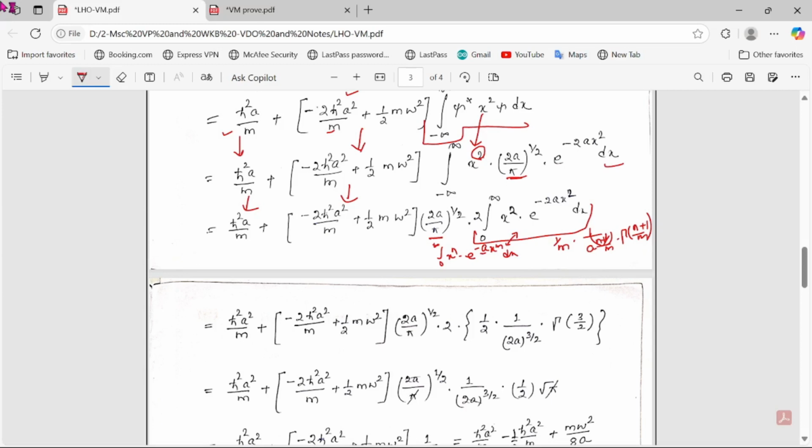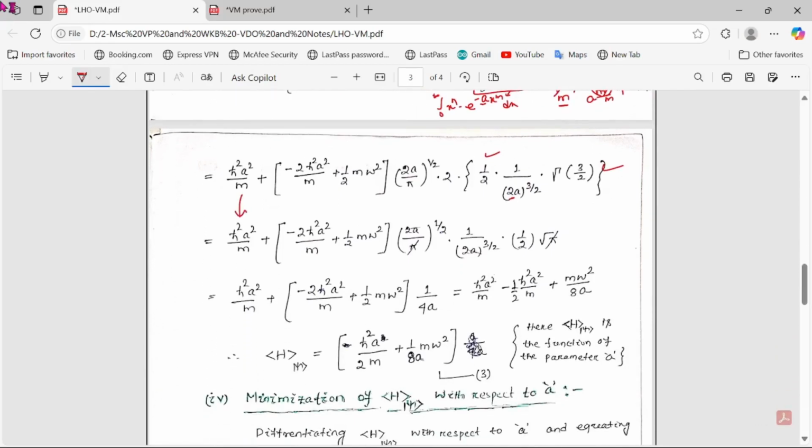So 1 by m means 1 by 2, 1 by a to the power n plus 1 by m. Here a is your 2a to the power n plus 1, here n is 2 plus 1, 3 by m, 3 by 2, gamma 3 by 2, right?